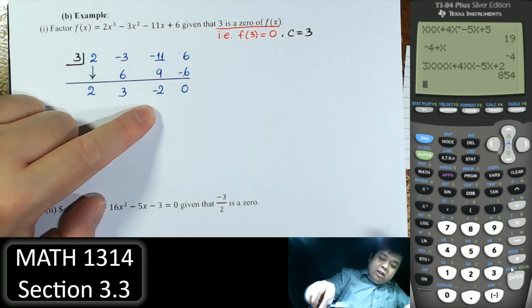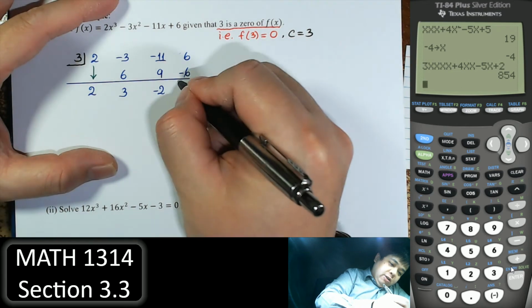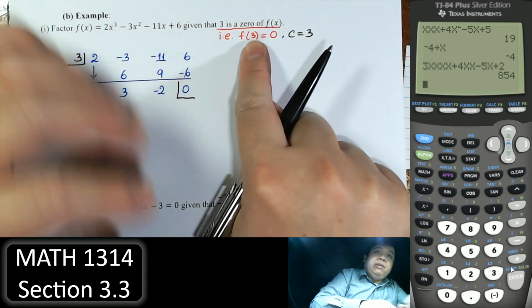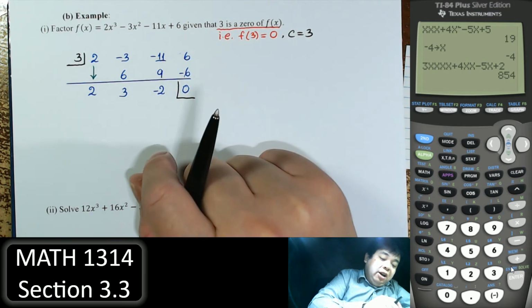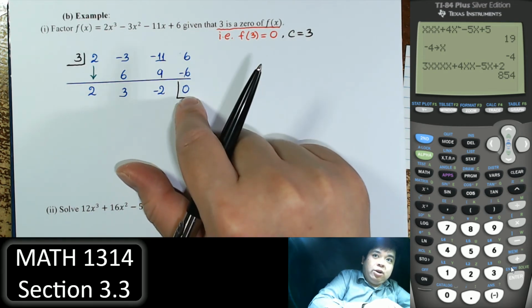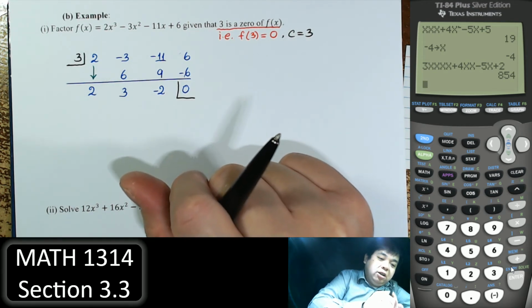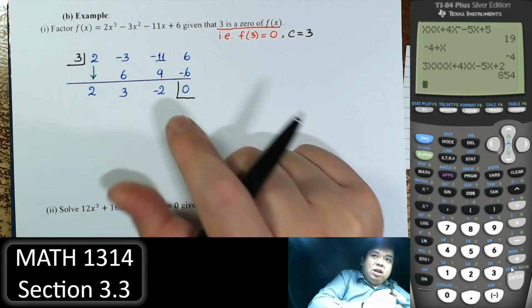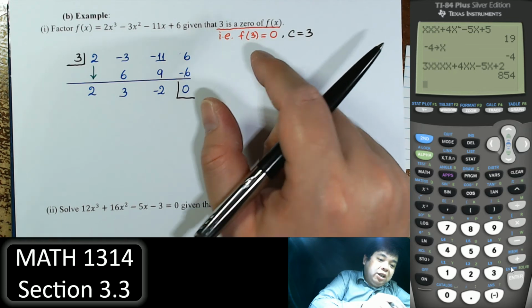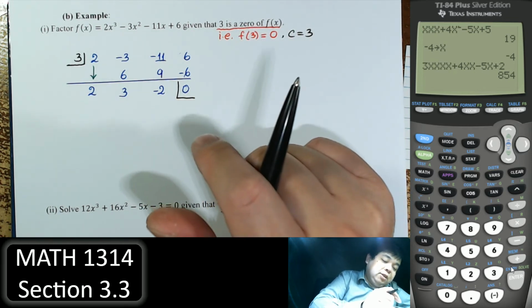In this case, we do have 0, because we said 3 is a 0 of f of x, so that's why we should have 0 here as the remainder, because the remainder is the value of the function, in this case 0, right?